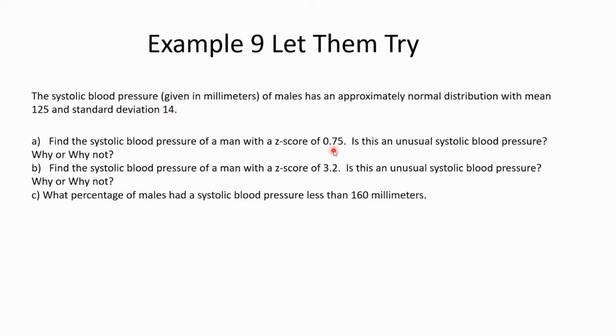Now here it's a little bit different. I'm giving you the z-scores and I want you to find the data values. I want everyone to try A and B first. We'll do these together, don't worry.